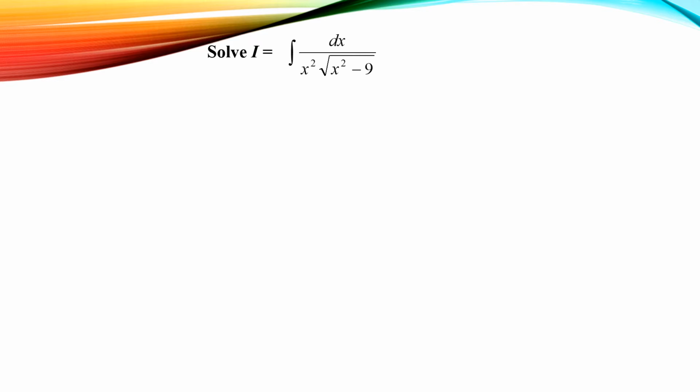Step 2 is you look for a function differential relationship. We have a relationship inside the square root, x squared minus 9. The differential of that statement would be 2x dx, not 1 over x squared dx. So the differential of x squared minus 9 is not present.